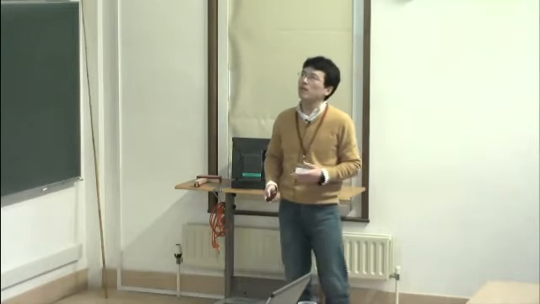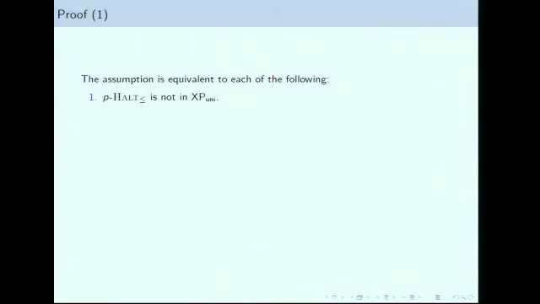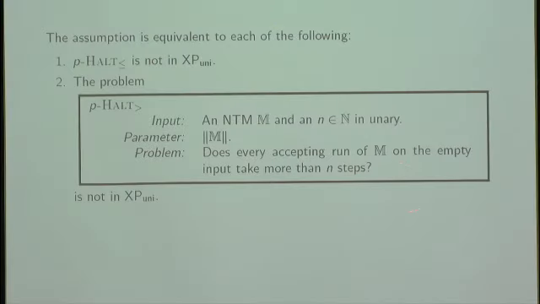Okay. So using our equivalence, we can prove: if TAUT has no almost optimal algorithm, then every algorithm for TAUT has a hard sequence. The proof is in fact quite easy once you have this equivalence. We look at this halting problem: given a nondeterministic Turing machine M and n in unary, we want to decide whether the run of M on every input takes more than n steps.